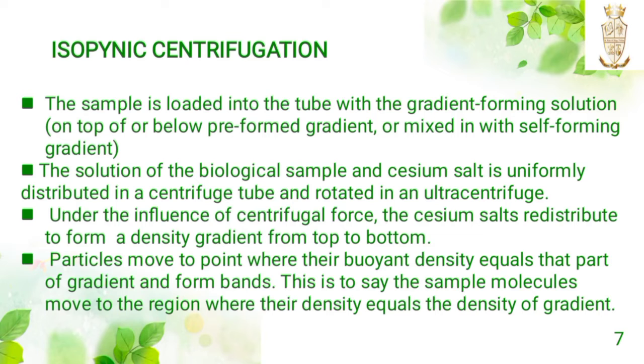The solution of the biological sample and cesium salt is uniformly distributed in a centrifuge tube and rotated in an ultracentrifuge. Under the influence of centrifugal force, the cesium salt redistributes to form a density gradient from top to bottom.